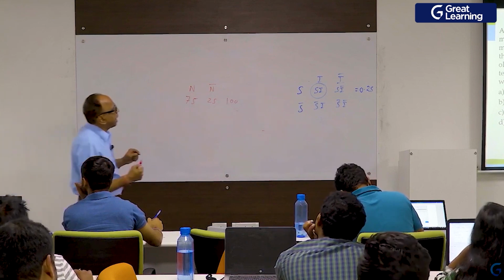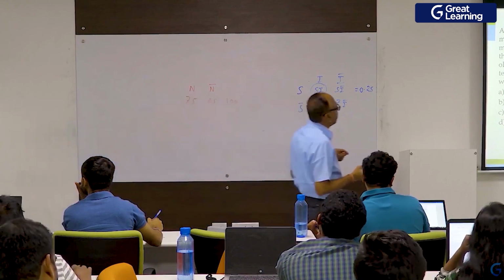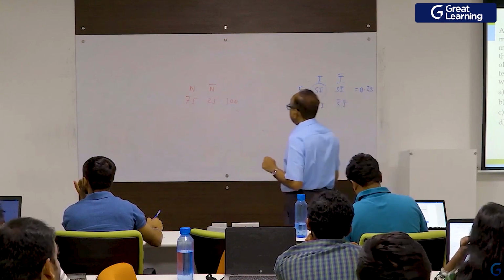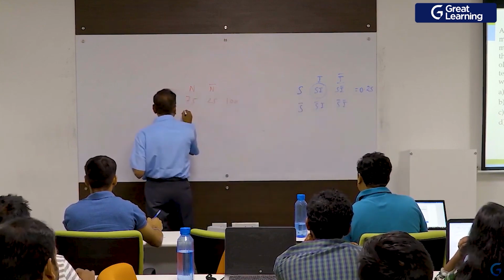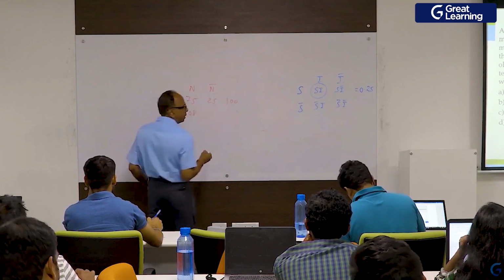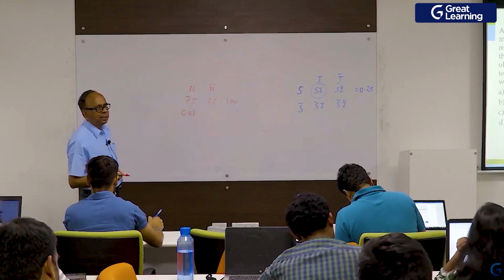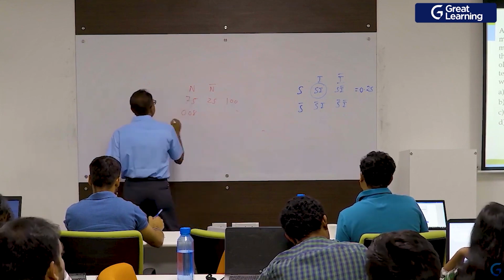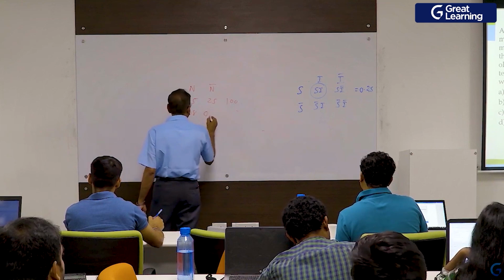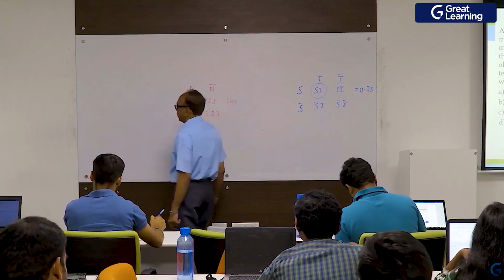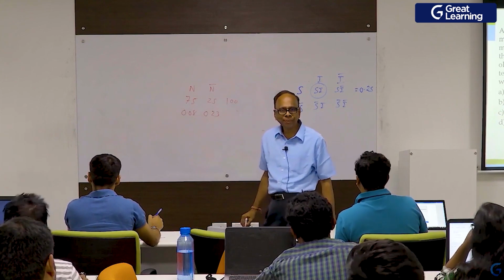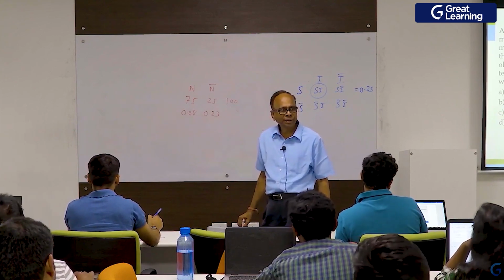Now the defective rate for the new machine is 8%, so 0.08. The old one is 0.23. These are the defective rates that are given. You agree with that?